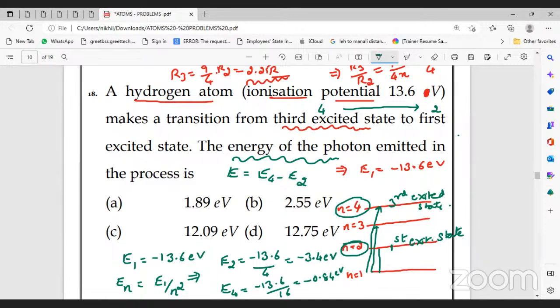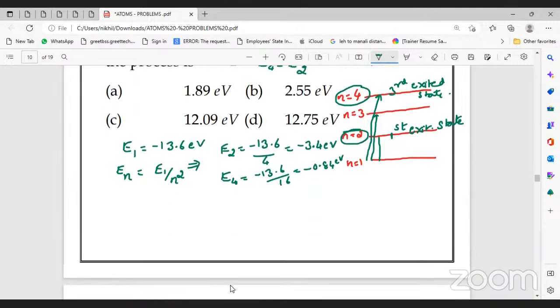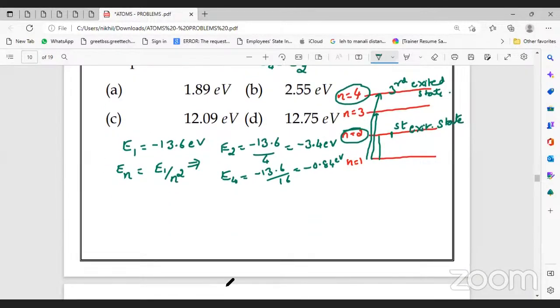After knowing the energy in the second orbit and the 4th orbit, can't you calculate the energy emitted? Energy emitted E is equal to E4 minus E2.